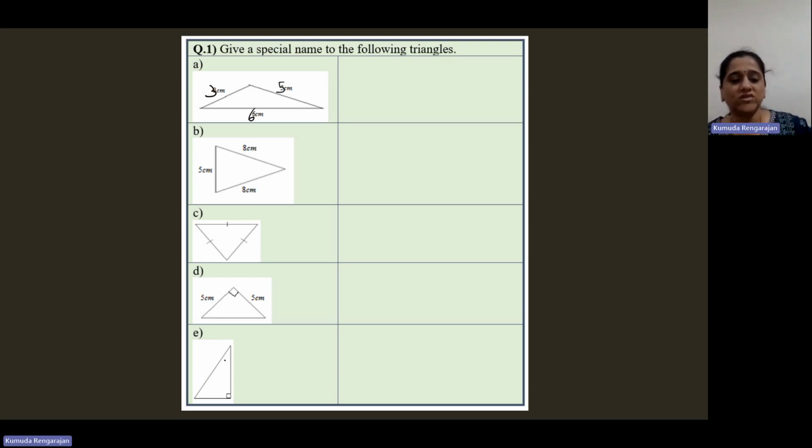Now here, what's marked? If the sides are marked, you must give a name based on the sides. If you know the angles, then based on angles. But if you see a combination, if you can see the length of the sides and the measures of the angles, then you can use both the terms. Like if you see one angle of the triangle marked 90 degrees, and you also see that two sides are marked equal.